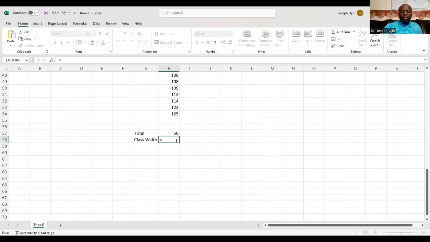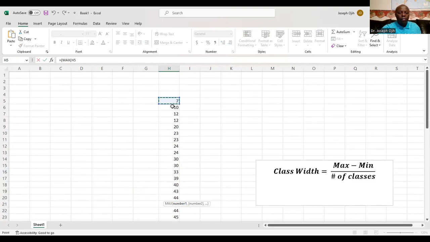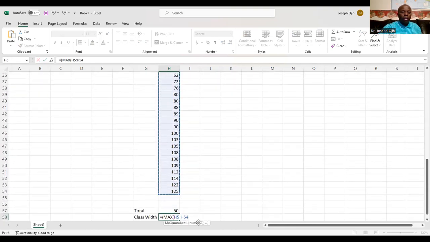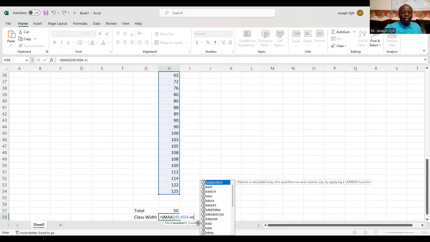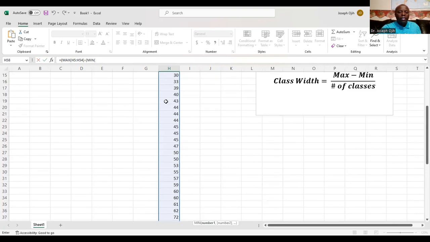Equals, I will have maximum: type equal, then type MAX. Highlight all of this, all the way to the last one. Minus minimum, type MIN. It shows up right here. Double click, highlight it again.